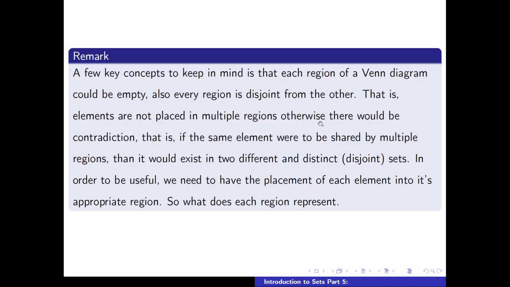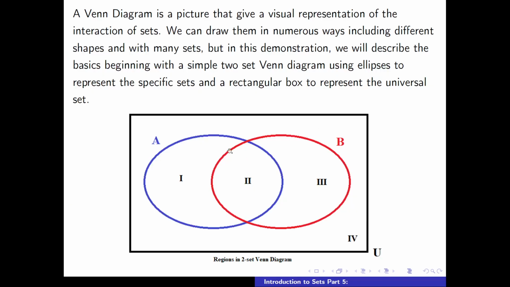When we set up a Venn diagram, we have to account for all possibilities. For example, A and B might have elements in common. They might not, which means region 2 would be empty. Or maybe all the elements of A are actually in B, so everything in A is contained in B, in which case region 1 would be empty.